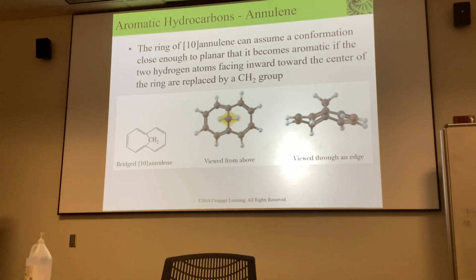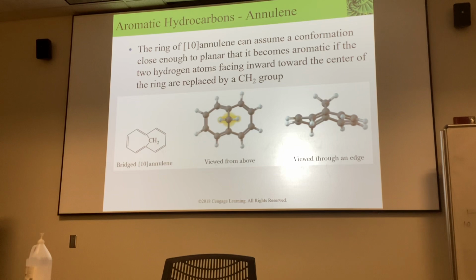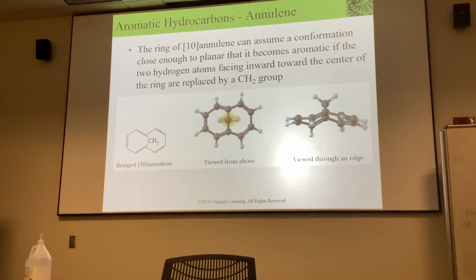So it can be held together by other things, and it doesn't matter if that part is part of the conjugation. So we just need a closed loop of conjugation, right? Weird.